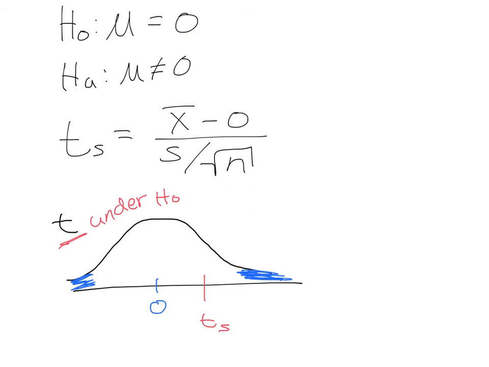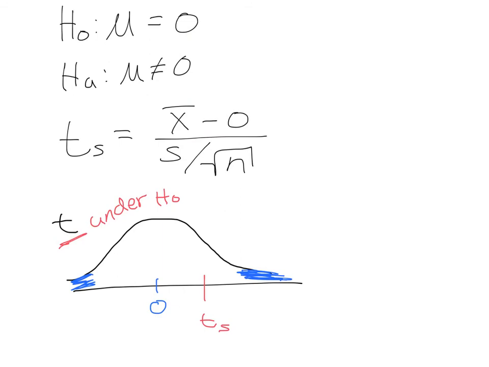This is the distribution of the test statistic under the assumption that the null hypothesis is true. There's a possibility that the null hypothesis is true and you will observe a test statistic out here on these tails, but it's very unlikely. This probability of how unlikely it is of being way out there is what the p-value is.